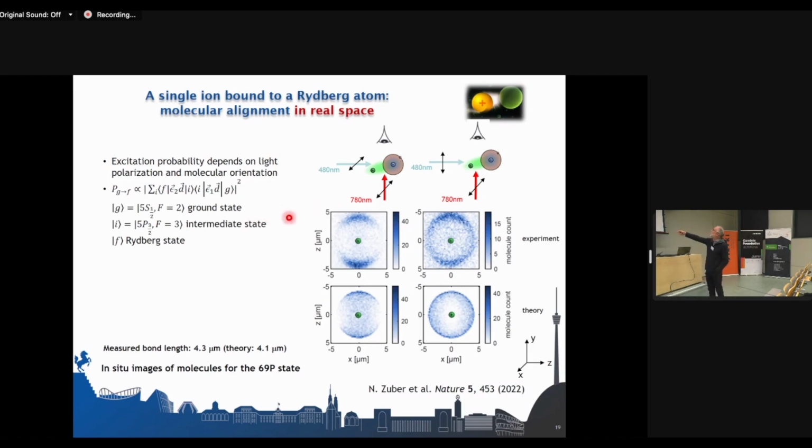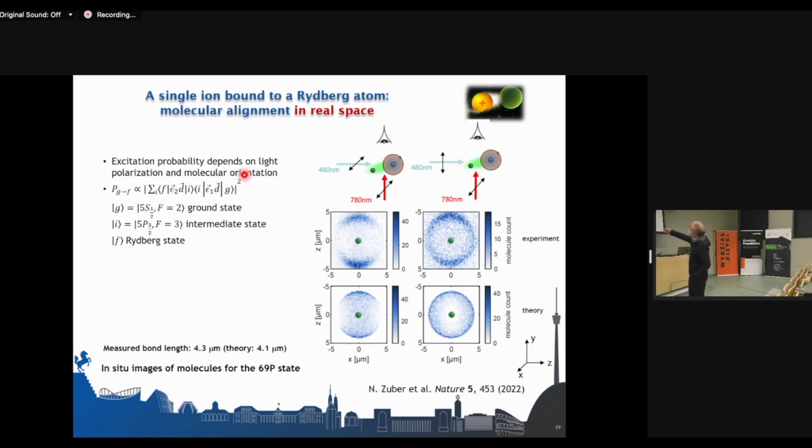If you take this into account, all the Clebsch-Gordan gymnastics in a frame that is sort of pointing in any direction around the ion, then you see that the excitation probability due to polarized two-photon excitation actually is leading to that alignment that you're observing here.